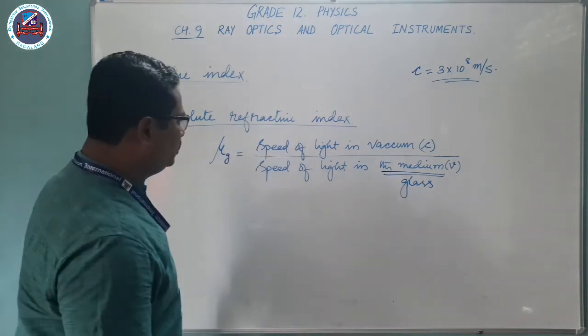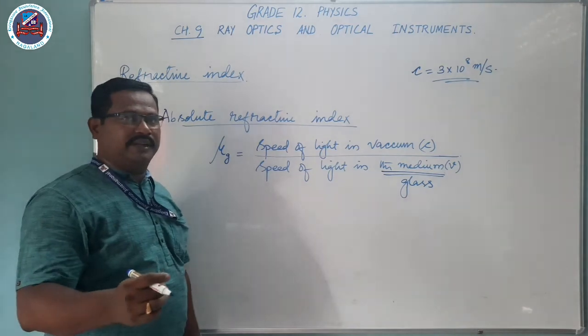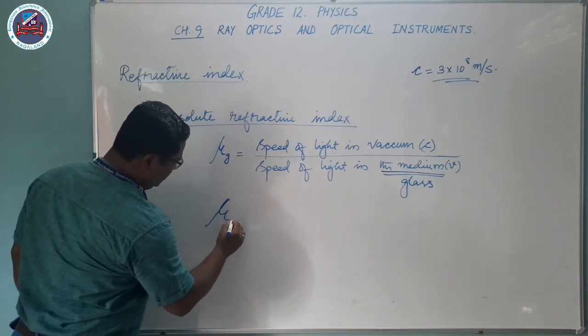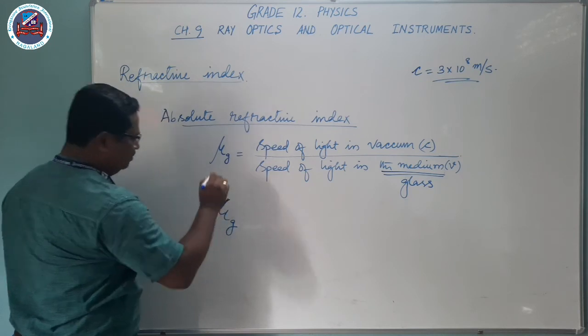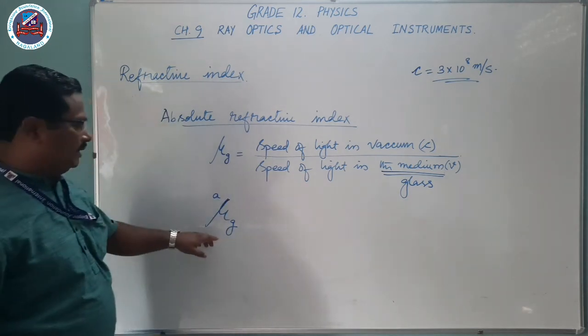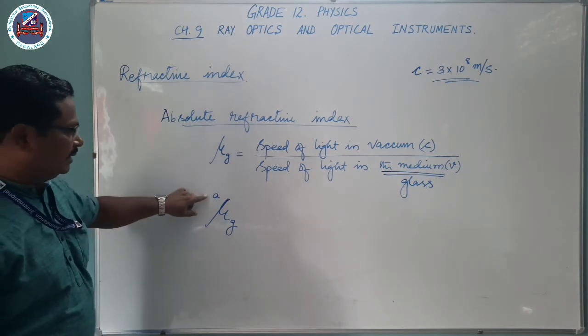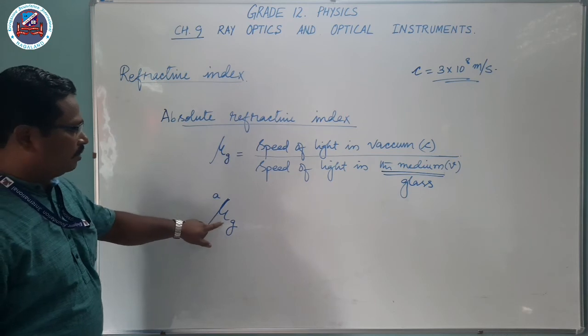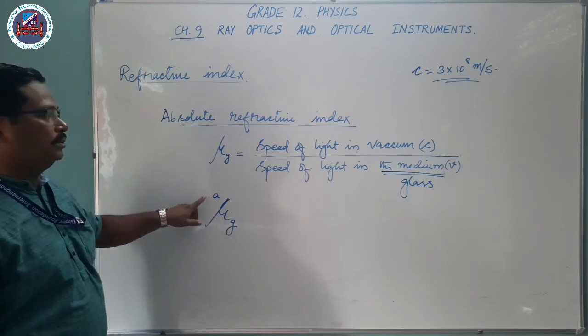Now when you talk about relative refractive index, then you can get here two things like this. This is refractive index of one medium with respect to second medium. Suppose here G indicates glass and A indicates air. Then you read like this: refractive index of glass with respect to air.